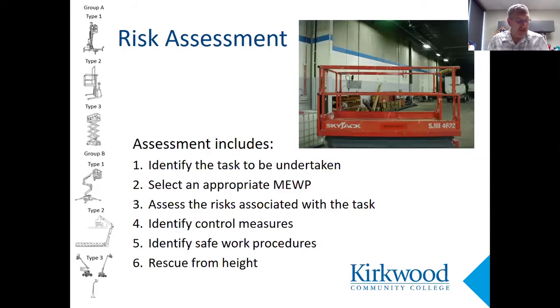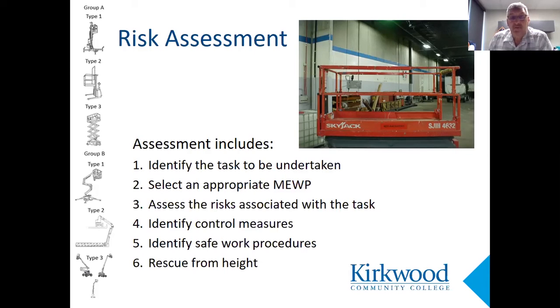Risk assessment, kind of touched on that before, that we were going to do a little bit more detailed here. So this is kind of a list that I came up with. Again, you can create your own assessment, and I would bet everybody here has their own assessment to determine the risk. So I just want to cover a couple of them here. Identify the tasks to be undertaken. Okay, what are we going to be doing? It needs to be clearly identified.